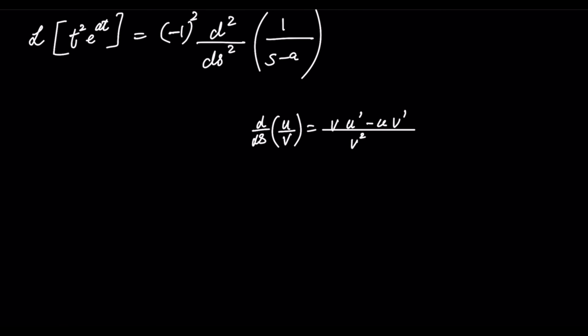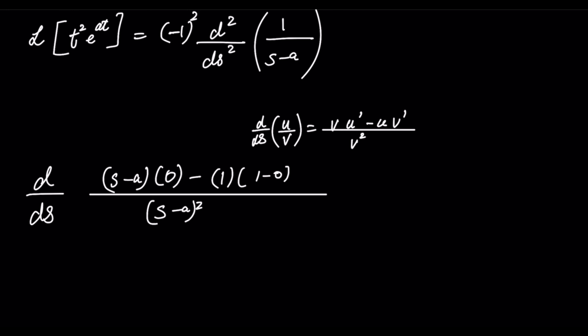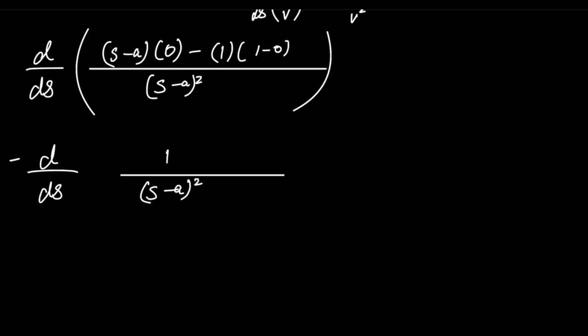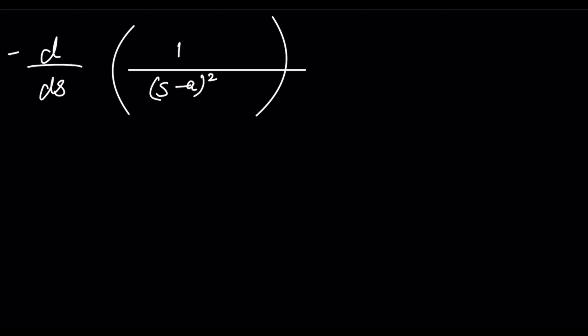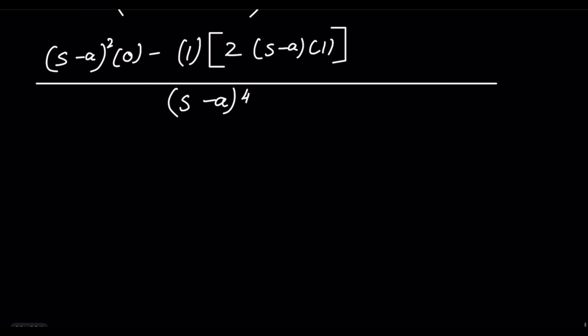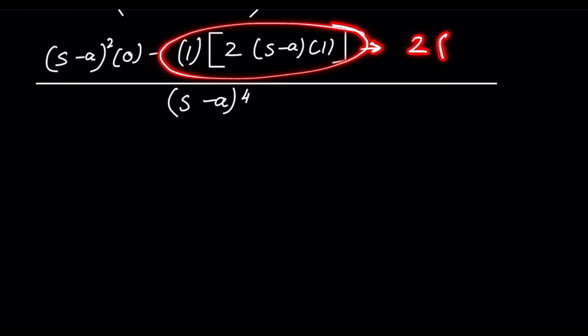Taking the first derivative, now taking the second derivative, this leaves us with 2 times s minus a.